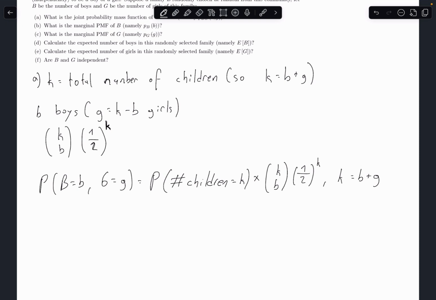That's the joint PMF for boys and girls in a randomly chosen family. This one.